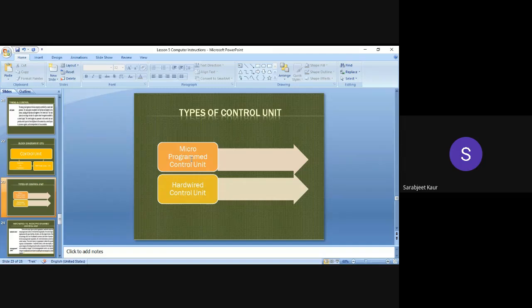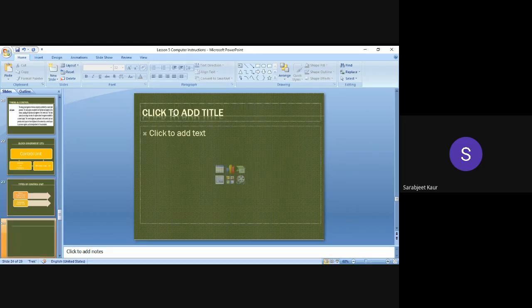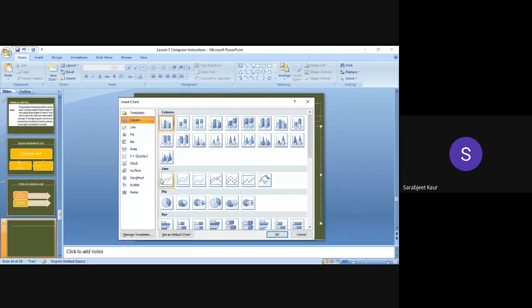And a program, that means a set of these micro instructions, would be called a micro program. Is that clear to everybody? Yes, ma'am.